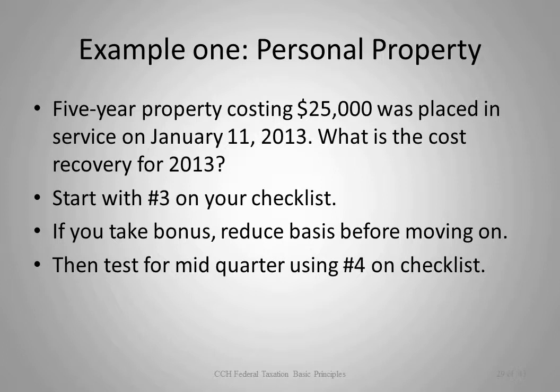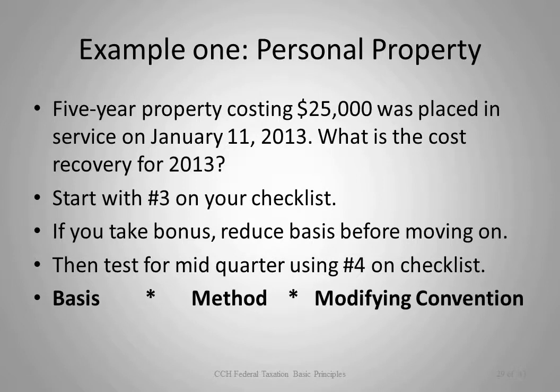Then test for mid-quarter using number 4 on the checklist, right? For any acquisitions in October, November, December greater than 40% of total acquisitions of the year for all property other than buildings. No real estate need apply. And then we're ready to do our basis method and modifying convention. Think about it, and we'll move to the next slide for the solution.